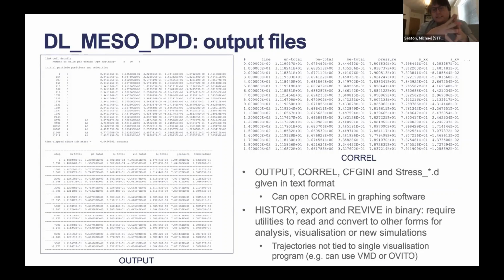But there are some utilities available for you to read and convert those files into other forms so you can analyze what's there, visualize, or start a new simulation. And the reason for the formats they are is that I'm not tying those trajectories to a single visualization program. So it means that you can use VMD or another program if you want to.